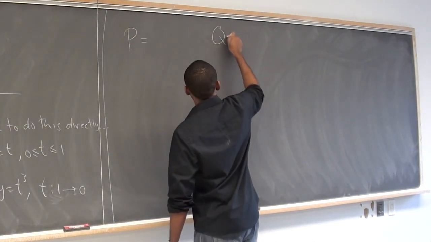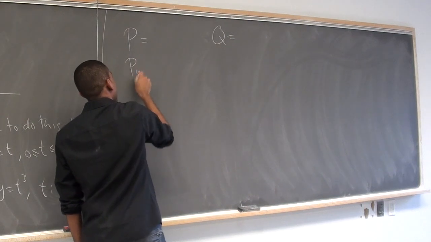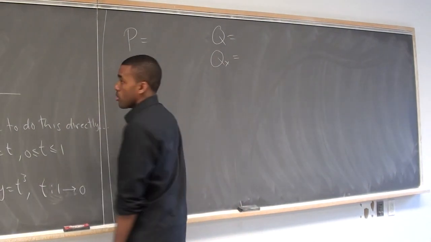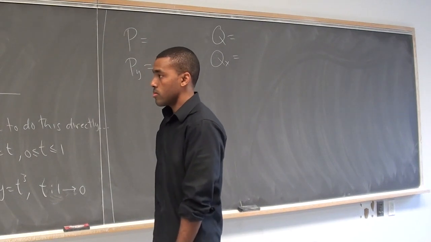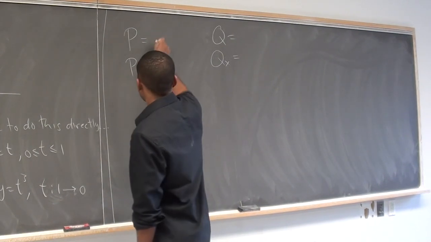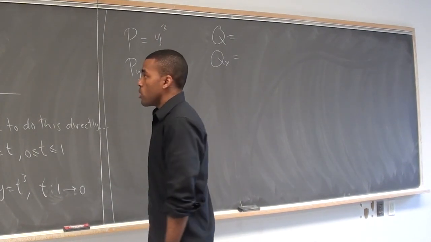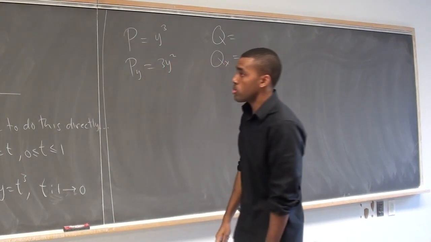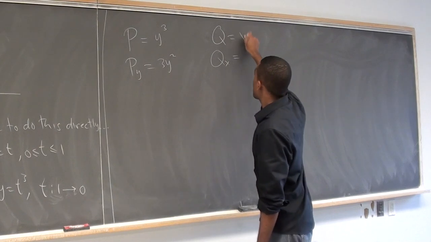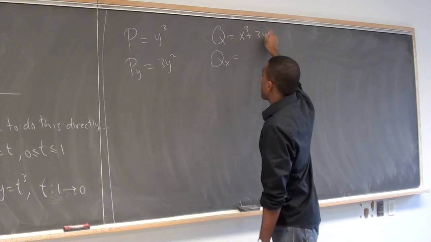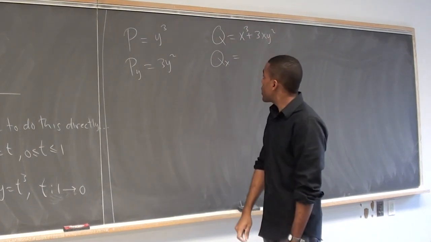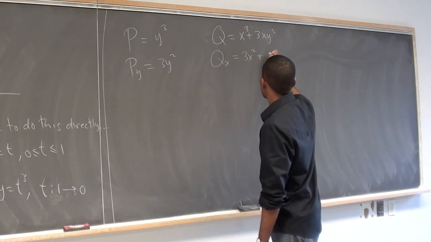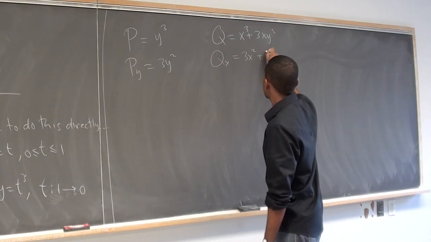As always, you find the P and the Q. Then you're going to find the P_y and the Q_x. What's P here? P_y is squared. Q as well. Q_x. P_y squared.